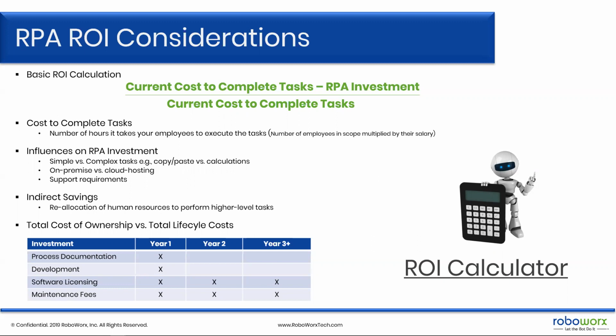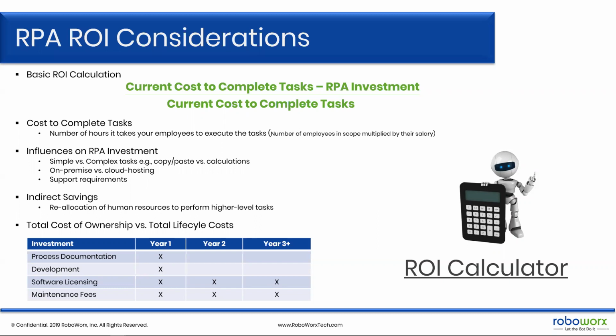The next area that could influence the RPA investment is just hosting it. And I didn't get into this too much today, but there are a variety of ways that you can host the robot, like any software. It could be done on premise in your own organization. If you've got high security rules and you need to manage everything in-house, that's certainly an option.